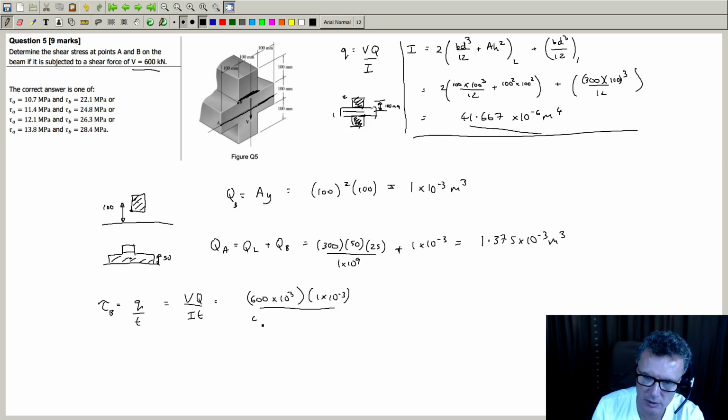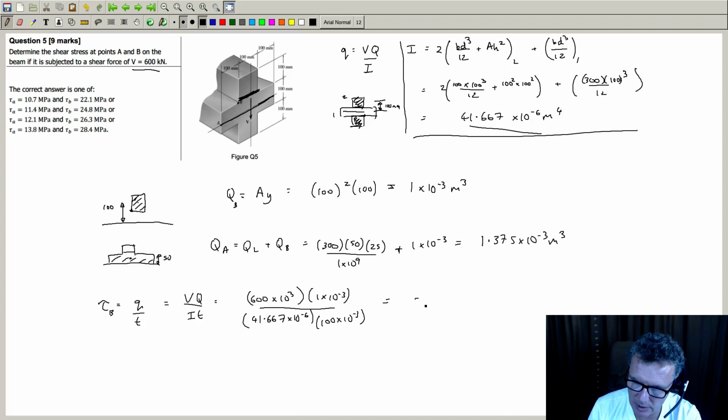So it's going to have 41.667 times 10 to the minus 6. And its width is just 100 millimeters. Okie dokie, so you then end up with something of the order 24.8 megapascals. Okay, so that's fine.